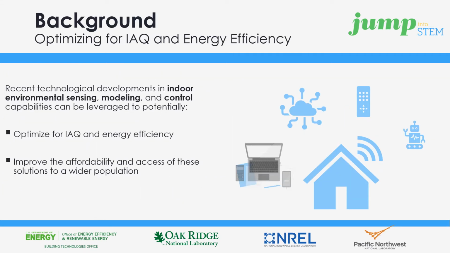When we talk about indoor air quality, there is always another topic that comes into the interplay, that is energy efficiency. Recent technological developments in indoor environmental sensing, modeling, and control capabilities can be leveraged to potentially optimize for indoor air quality and energy efficiency in buildings, and also to improve the affordability and access of these solutions to a wider population.